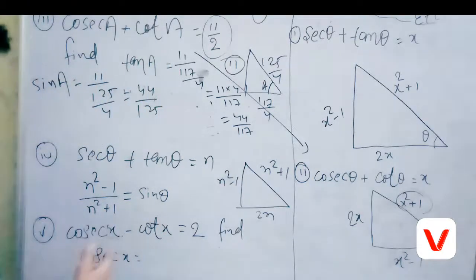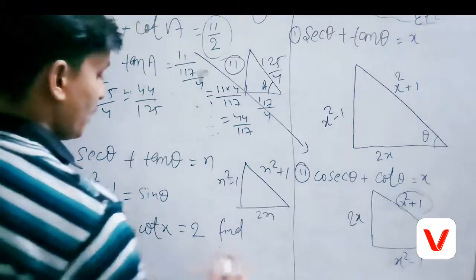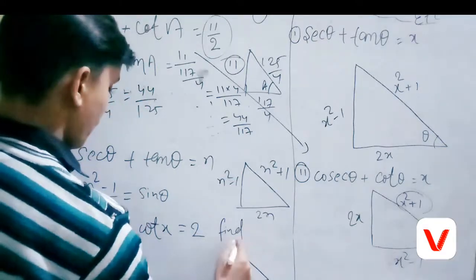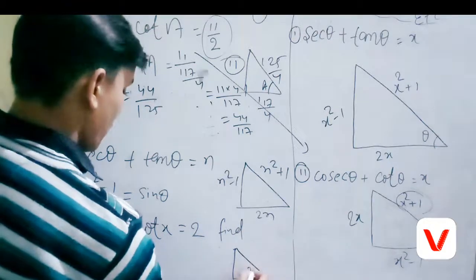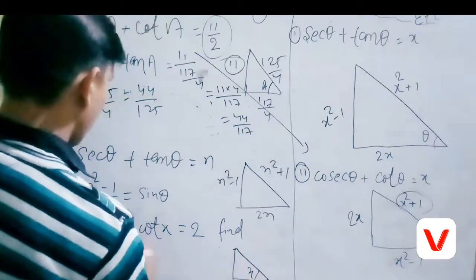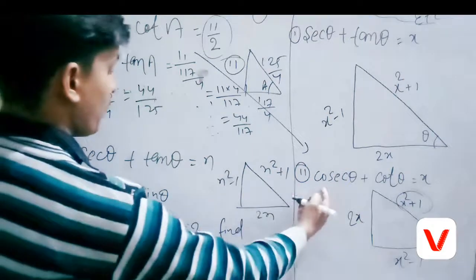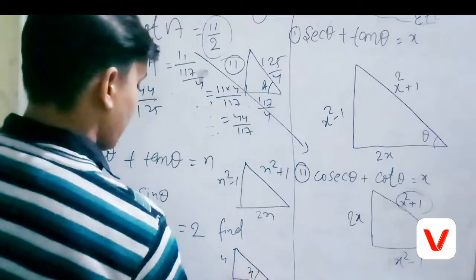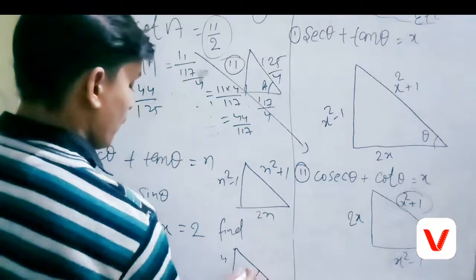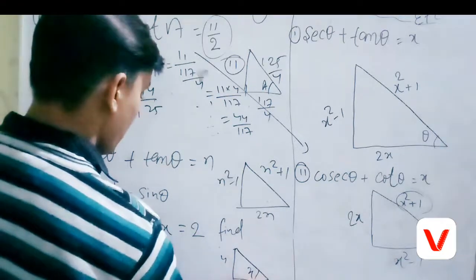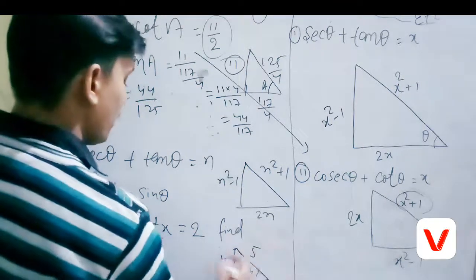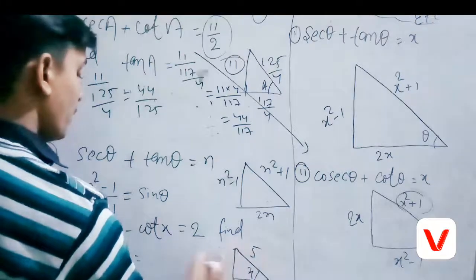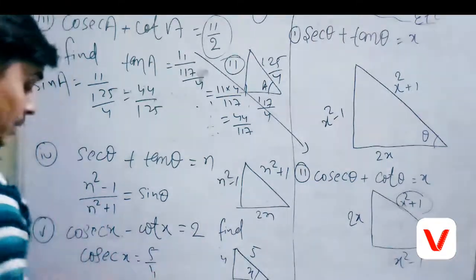So x angle represents this, and cosec theta minus cot theta belongs to this trick. So you can write 4, and the base is x square minus 1, so 3, and the hypotenuse is x square plus 1, which is 5. So cosec theta equals hypotenuse by base, which is 5 by 4.